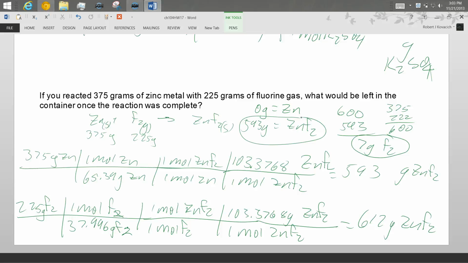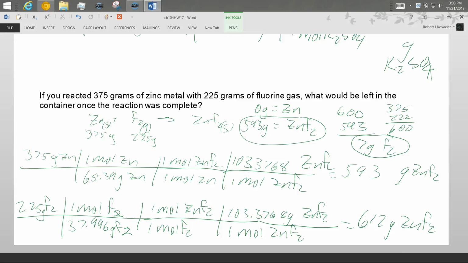Why might this be a good way to do this? Why would having leftover fluorine be a good idea if I wanted zinc fluoride? So it's obviously bad to have the fluorine gas floating around, but if I'm doing this in a hood and it's all safe and I'm not worried about ingesting it or breathing it in, why would this make it easier for the person who's making zinc fluoride?